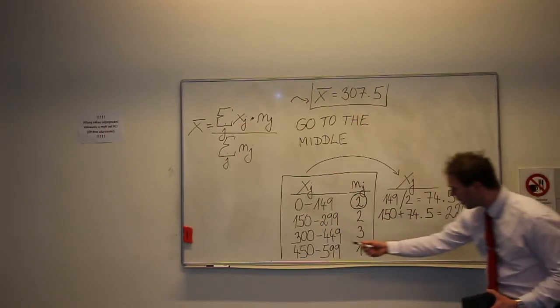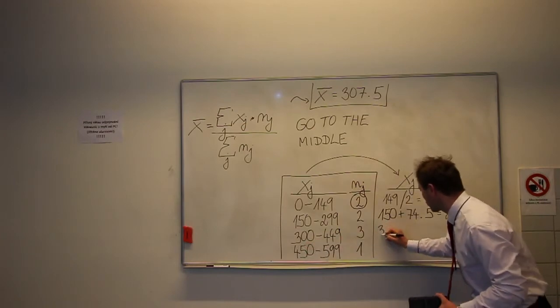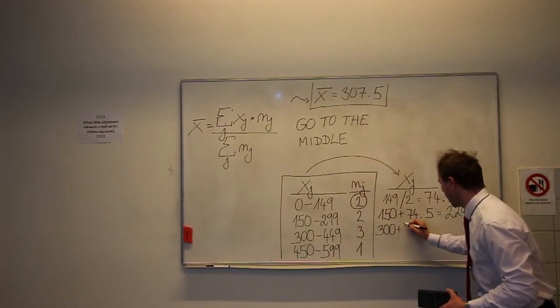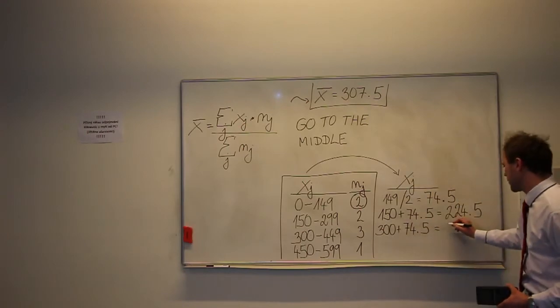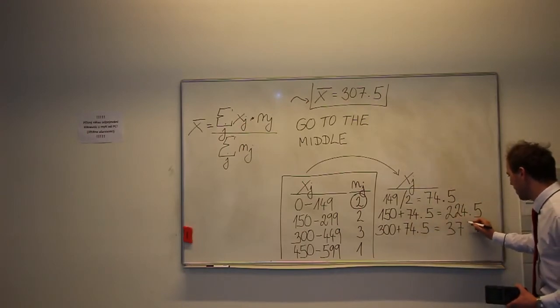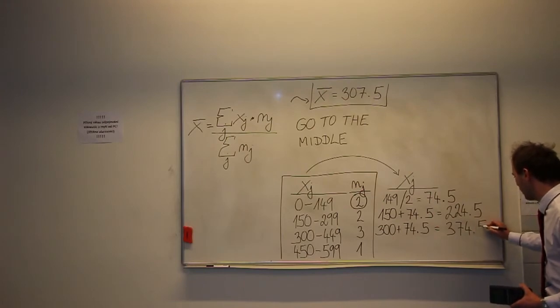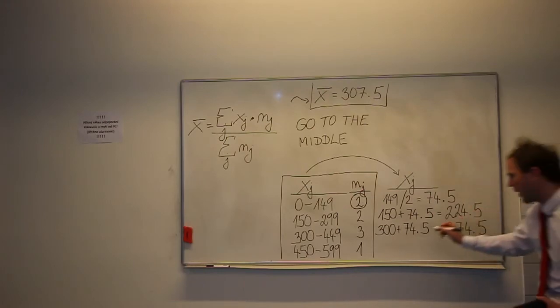And again, lower bound 300 plus 74.5, and the result is 374.5.